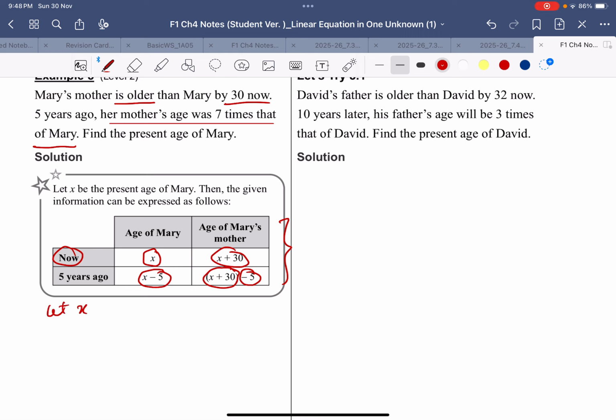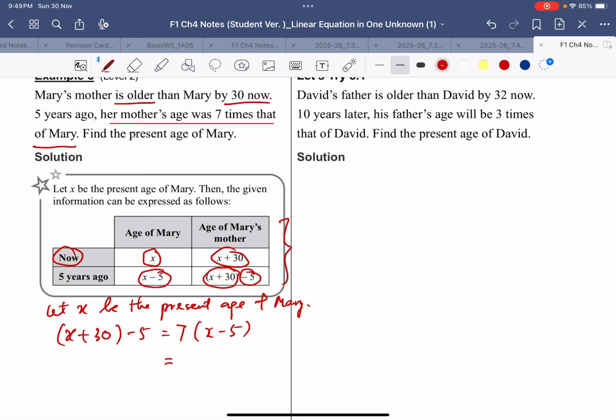Let X be the present age of Mary, then X plus 30 is the age of her mother. And then 5 years ago is minus 5, will be 7 times Mary's age 5 years ago.